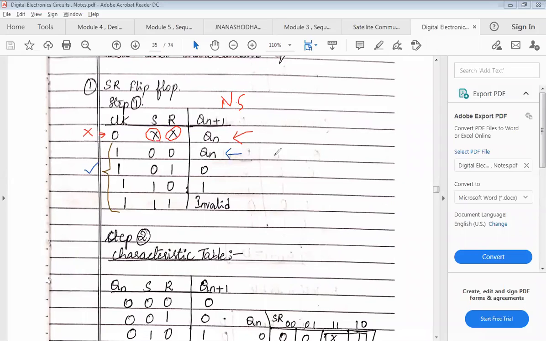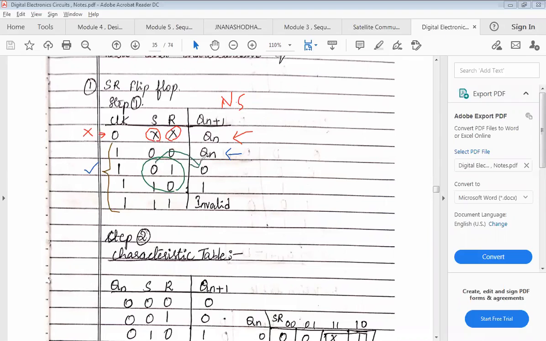Always remember your output follows the S values when the values are different. Here I have 0 1 and 1 0, but here I have 0 0 and 1 1. Whenever the values are different, 0 1 or 1 0, then the output is equal to S.